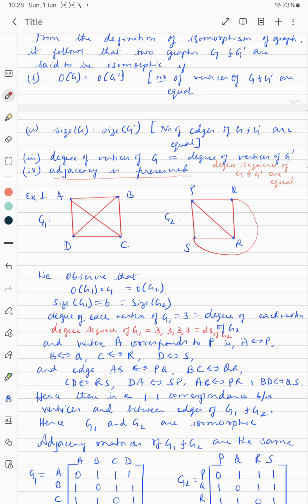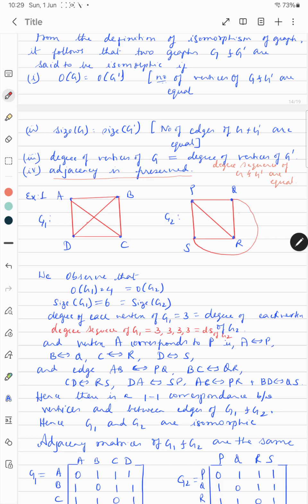Now let us see the correspondence. We can say that A corresponds to P because the degrees of A and P are equal. Then B corresponds to Q, C corresponds to R, D corresponds to S. So there is a one-to-one correspondence between the vertices.